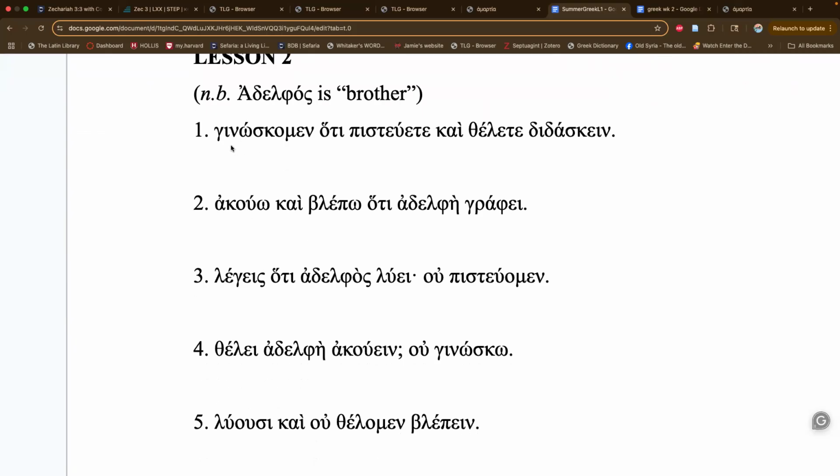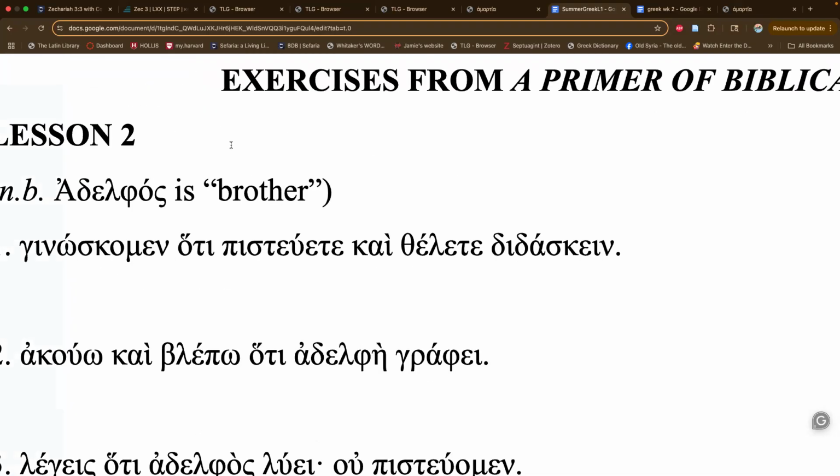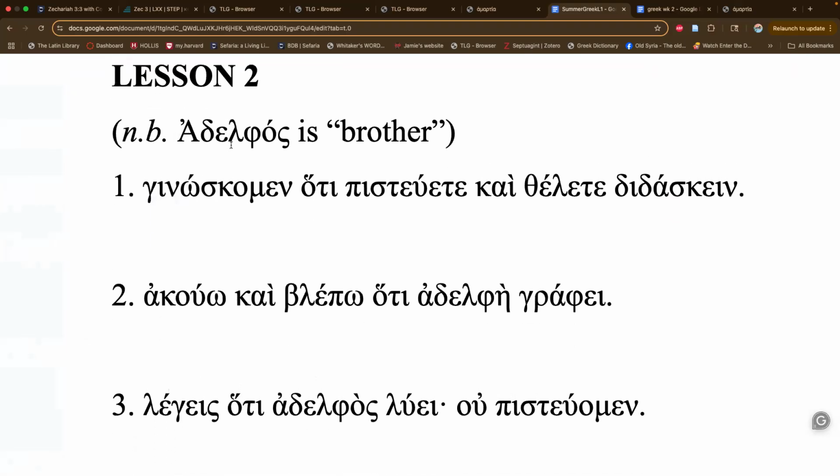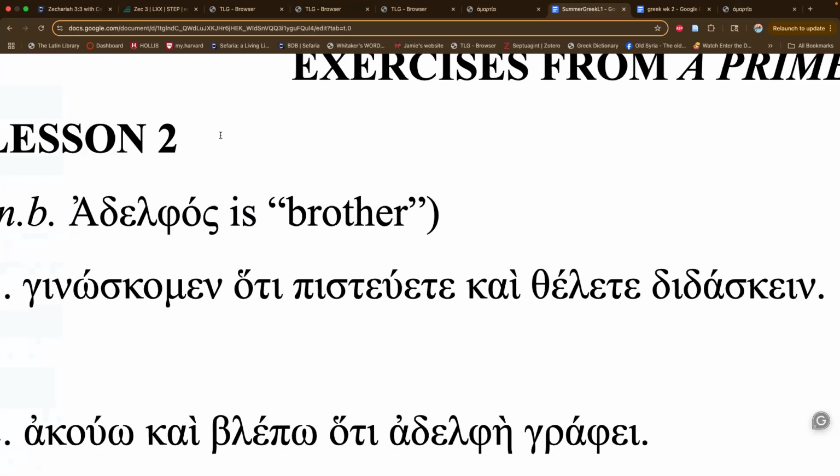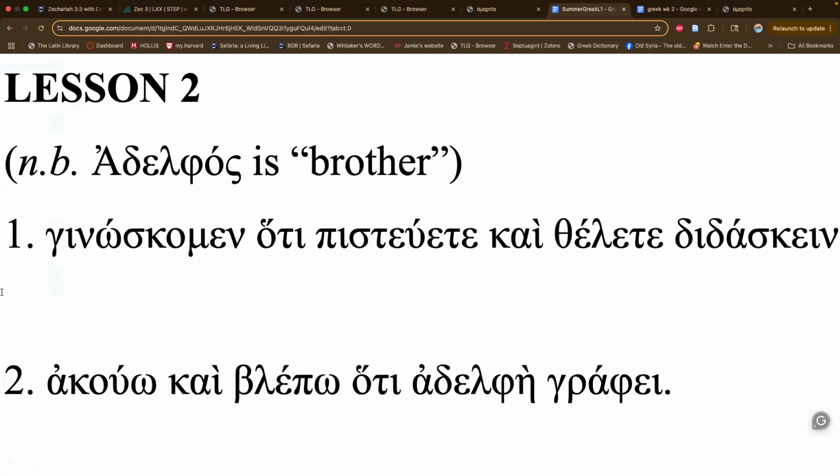Can you guys see that okay? Is that big enough, or should I make it bigger? It's on our sheet, and you've got a sheet in front of you. Okay. So the first one here, what do you think it is, or should I say it first for you guys? I don't want to move too quickly.